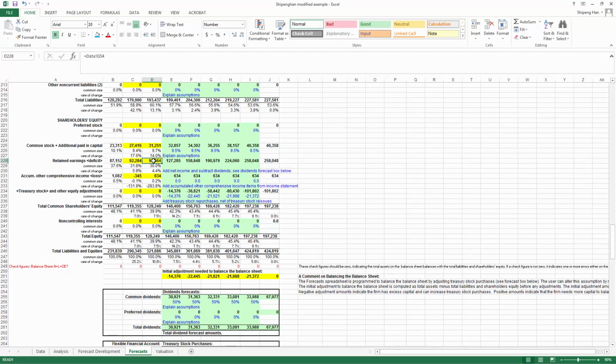So we have the beginning balance of retained earnings. We have already forecast the income attributable to the common equity holders.